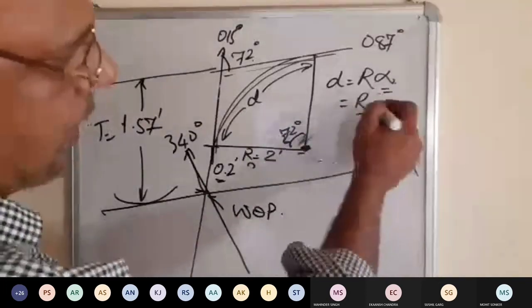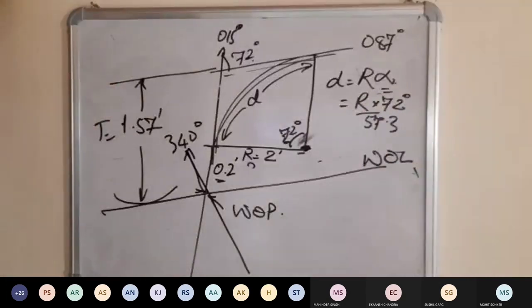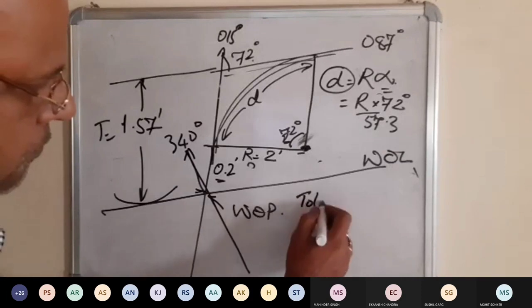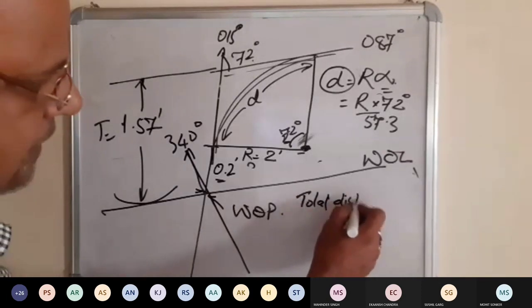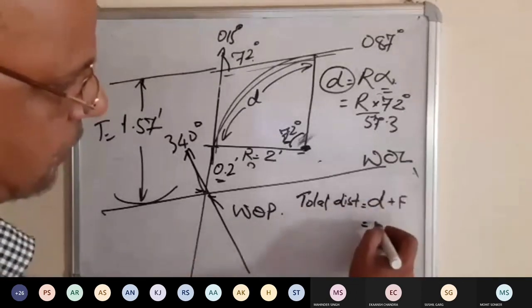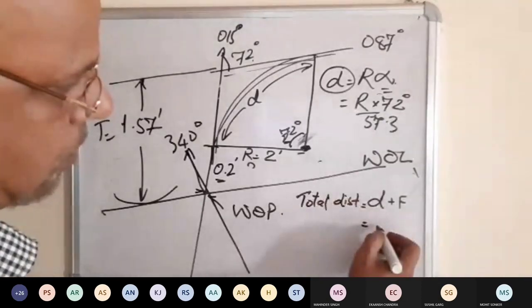That means R into 72 degrees, that is the distance D. Yes, sir. So what is the value of D? So 2.51. Total distance is equal to D plus F, which is how much? Did you get it?